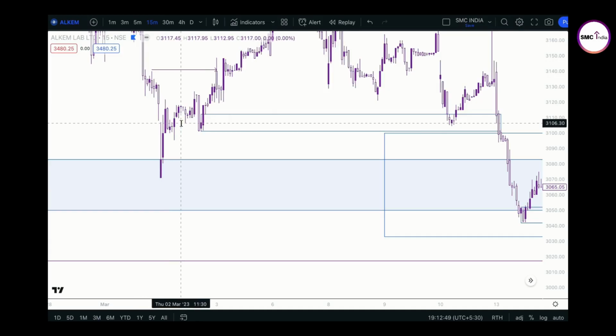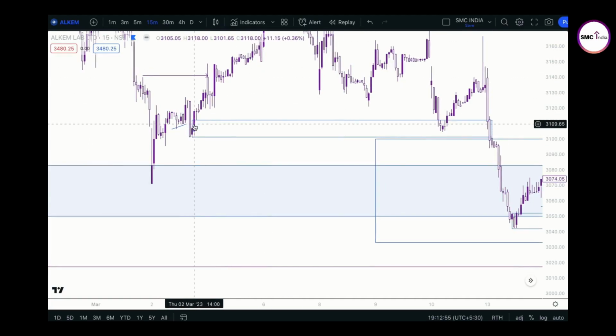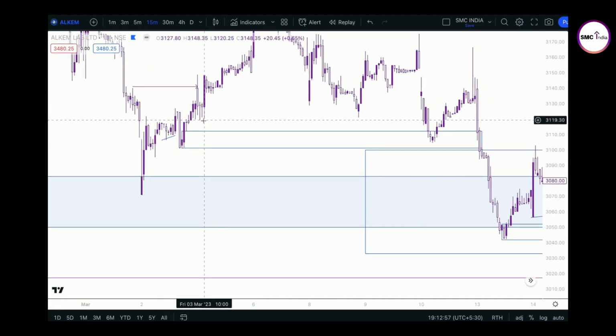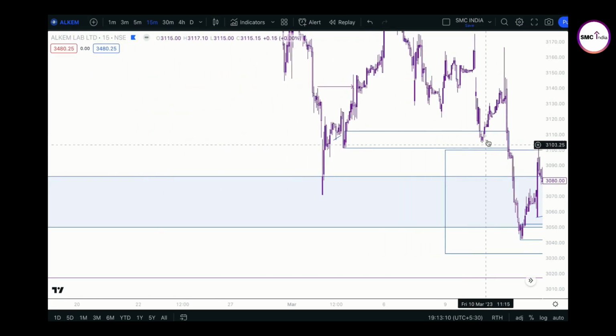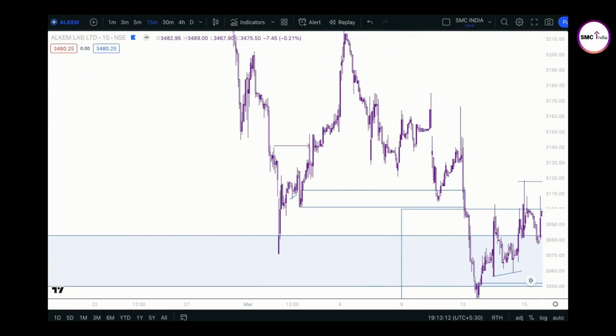And here you could see that there is liquidity here. The price grabbed this liquidity and then shot up, making a clean order block up here. Yes, there is a very little amount of imbalance, but since this order block grabbed liquidity, it is a very high probability order block, and you can target this order block. But this order block hit our stop loss and did not meet our take profit levels.